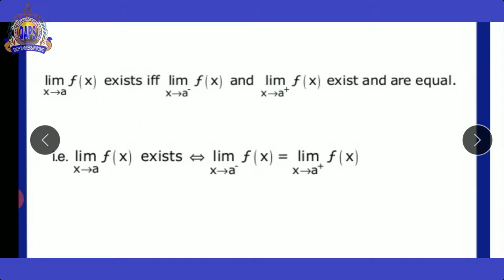Otherwise, we can say that this limit does not exist. So the limit as x tends to a of f of x exists when the limit from the left of f of x is equal to the limit from the right, the right hand limit, of f of x. When both left hand limit and right hand limit are equal, then in this condition we say that the limit of the function exists.